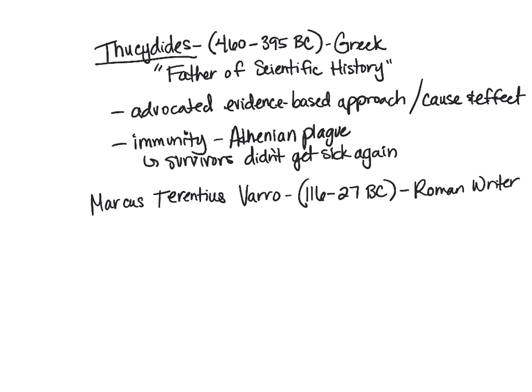And so what Varro did, he was one of the first people to propose that there were things that we could not see that would cause disease. So he suggested that things we cannot see can cause disease.